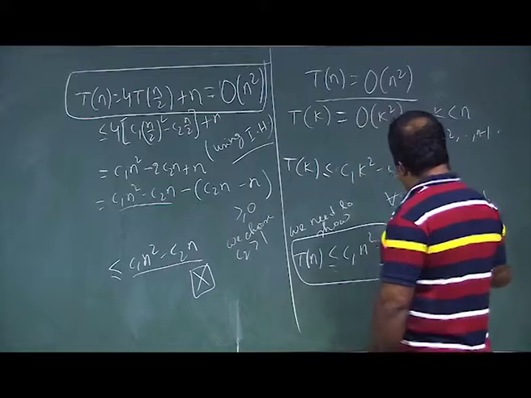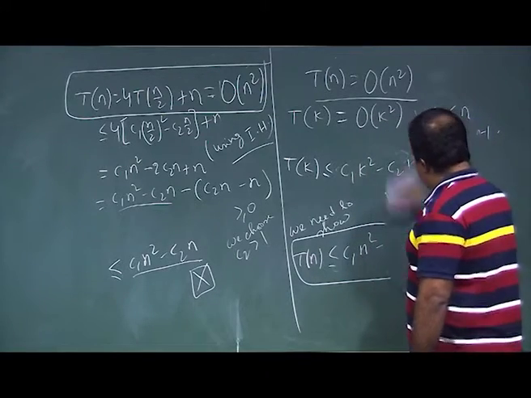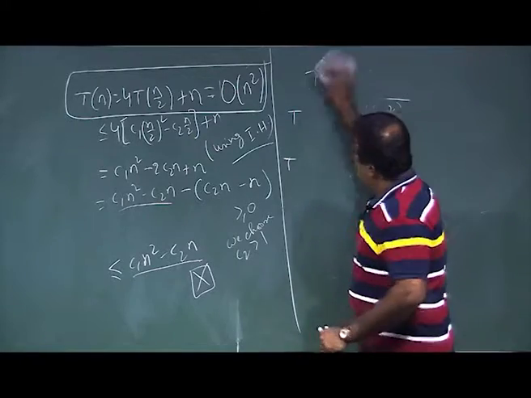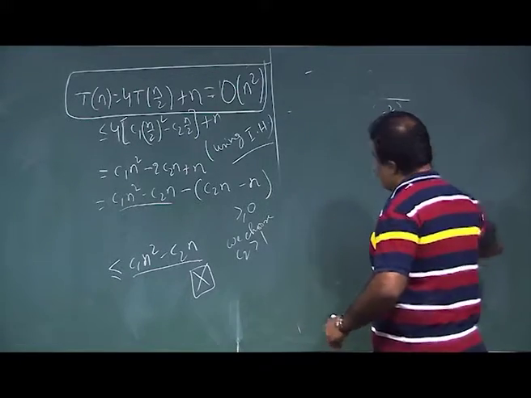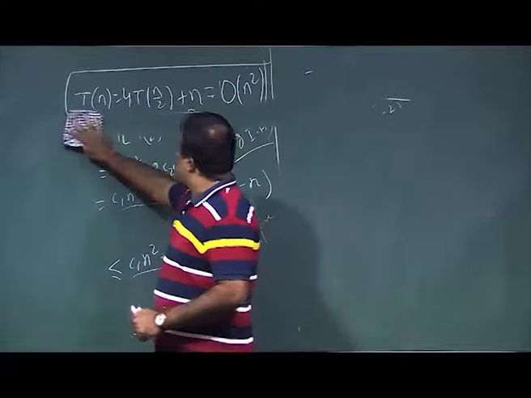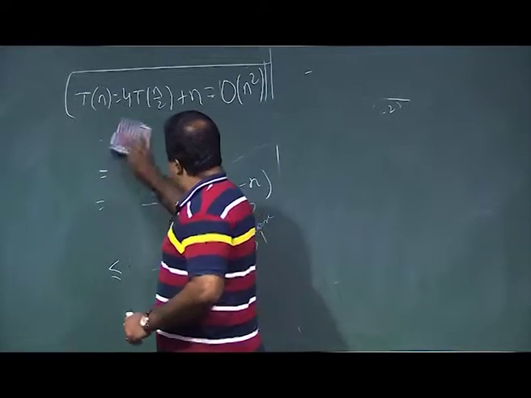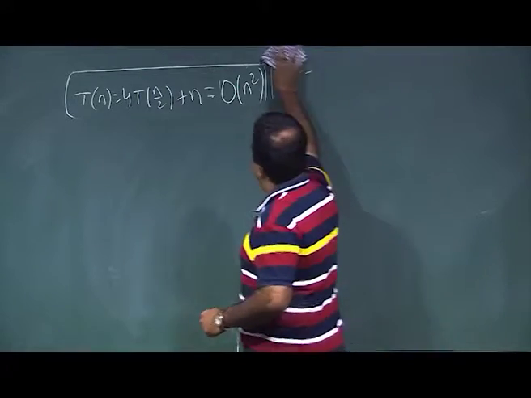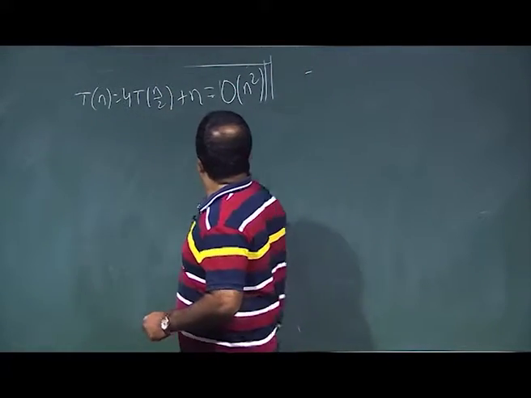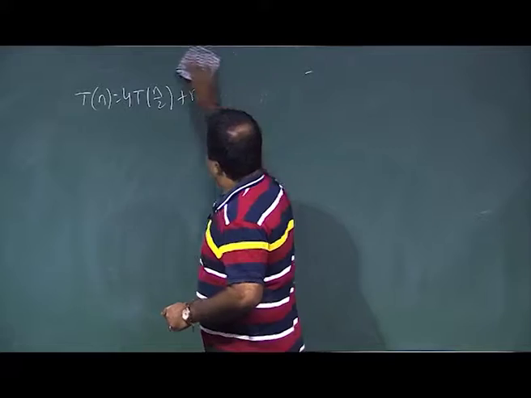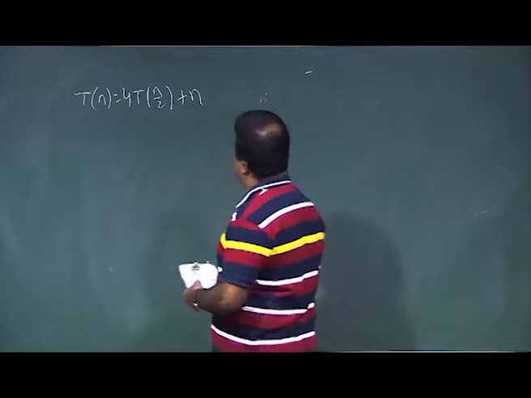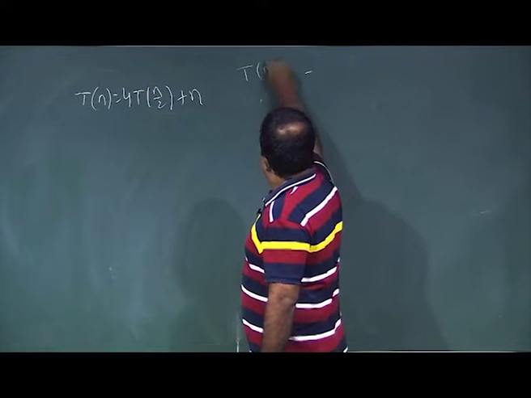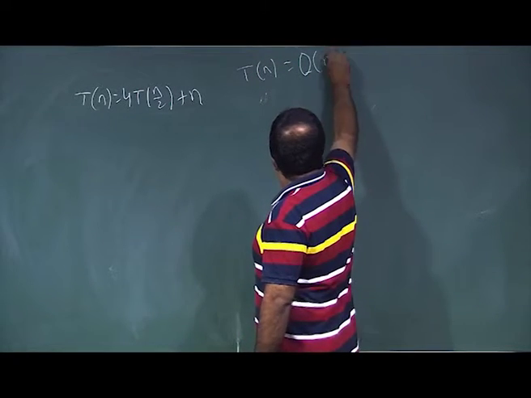Now, we want to see whether this is big theta. For big theta, we need to show this is also big omega. The solution we have seen is big O of n square.